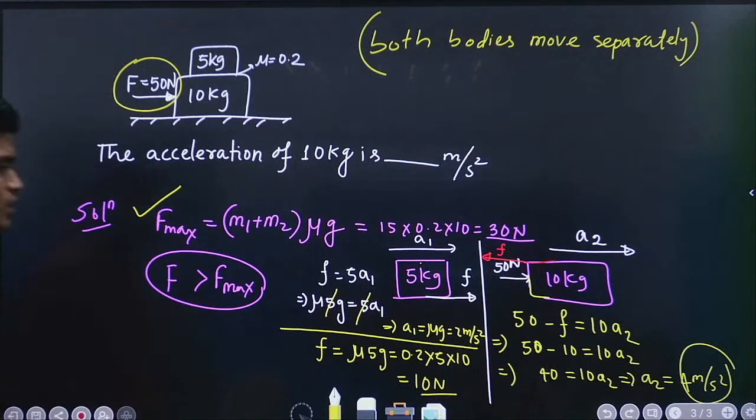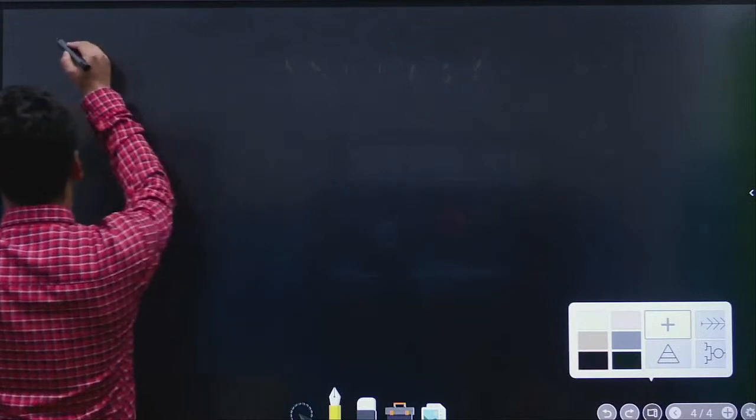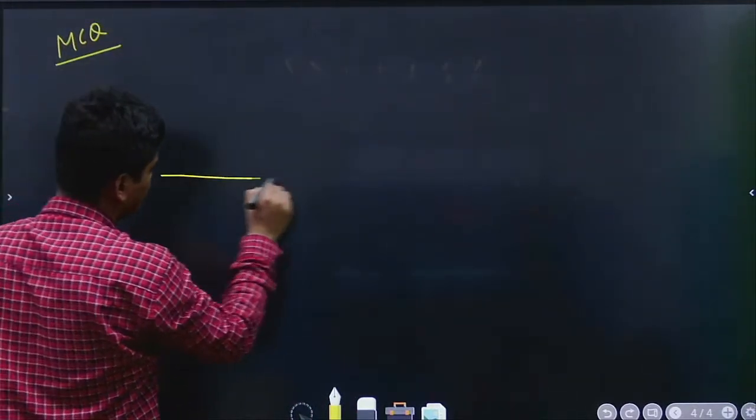Done. Now listen. In terms of question, you try to understand this. Right here, it is a NEET question. What they're telling is, a cart is here.